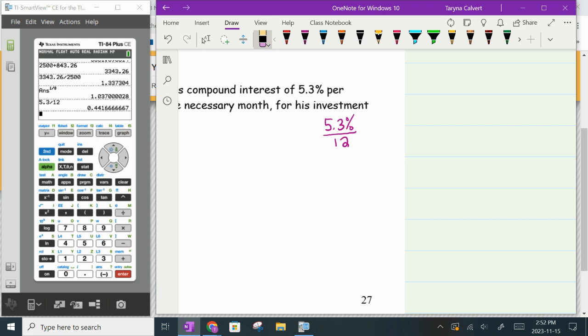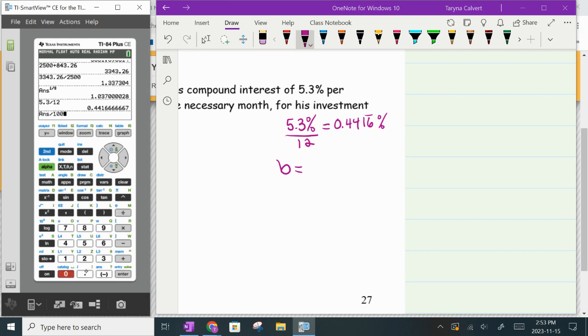So my percentage, then my B value, remember guys, do I still have to divide that by 100 before I make my B value happen? Yes, because remember, this is still percent. I have to change it to a decimal before I put it in. Okay, so then my B value is going to be 1.004416 repeating.